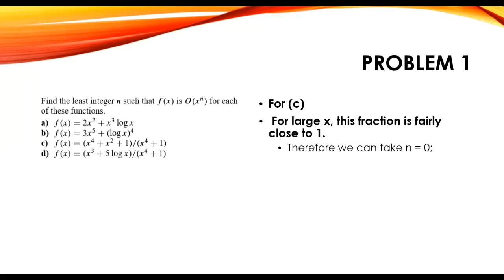Therefore, n is equal to 0, since x to the fourth divided by x to the fourth is 1, near 1. What is the equivalent of x to the n equal to 1? So n should be 0. Now, what will be the values of c and k?